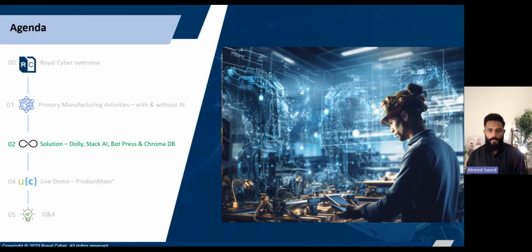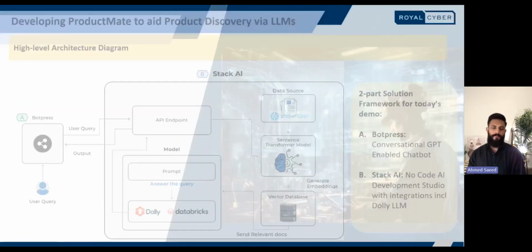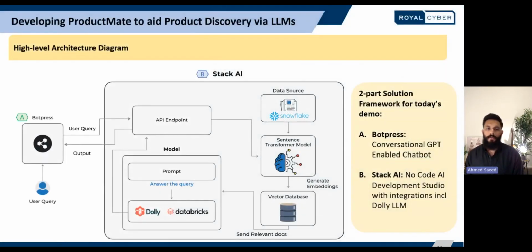Okay, so let's take a look at how we devised this solution. Now, here's a high-level architecture diagram that shows two main parts: BotPress, which is going to be the front-end bot, and Stack AI, which is where we can connect all of the other components to make this operational. Here's a couple of things to note here. A user queries the chatbot.